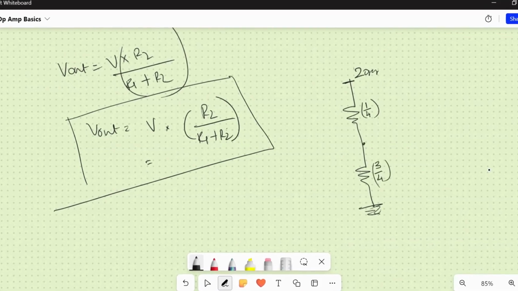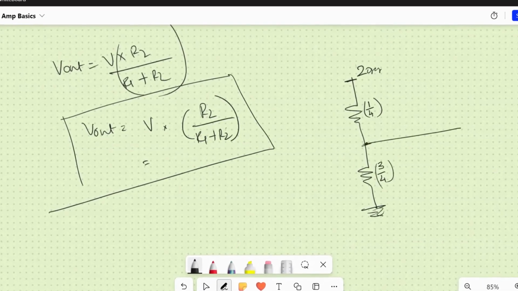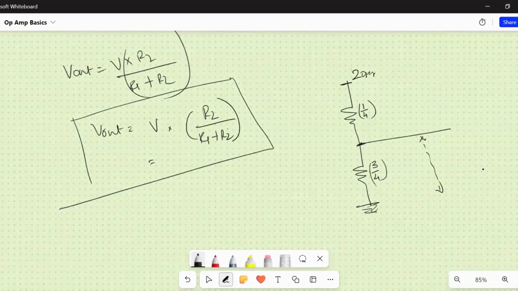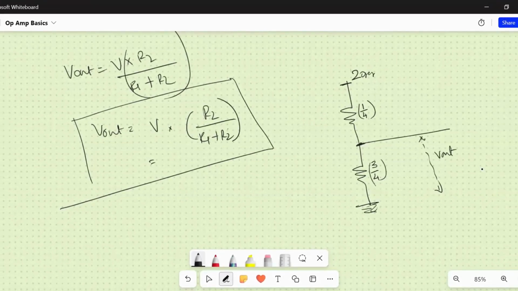They're asking, what is this? This is where I'm dividing the voltage. What is the V out, the value at this juncture? I know only 1/4 of it and 3/4 of it. Don't jump immediately. Let us understand, this is R1, this is R2. 1/4 means consider any random value, let us say 10 ohms.